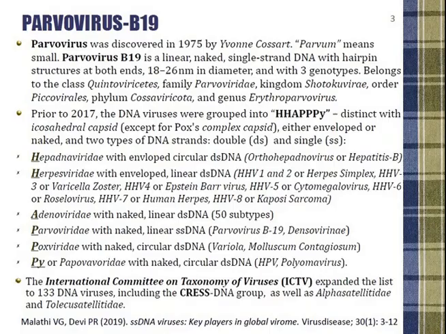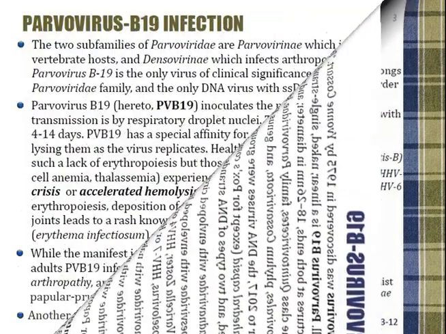However, my former presentation was from 2017, and since then the International Committee on Taxonomy of Viruses has expanded the list to 133 DNA viruses, including a CRESS DNA group. Thus, the taxonomy is dynamic, but what remains constant is knowledge of the structure of parvovirus.